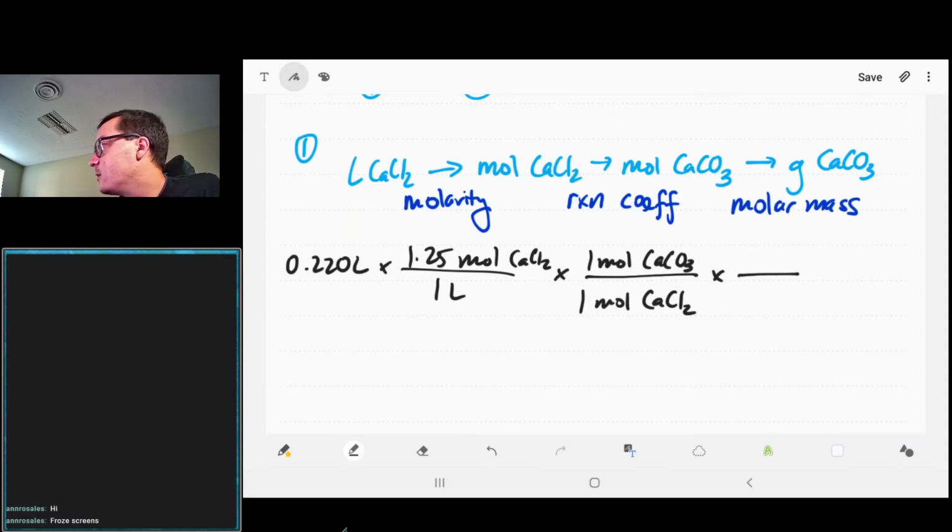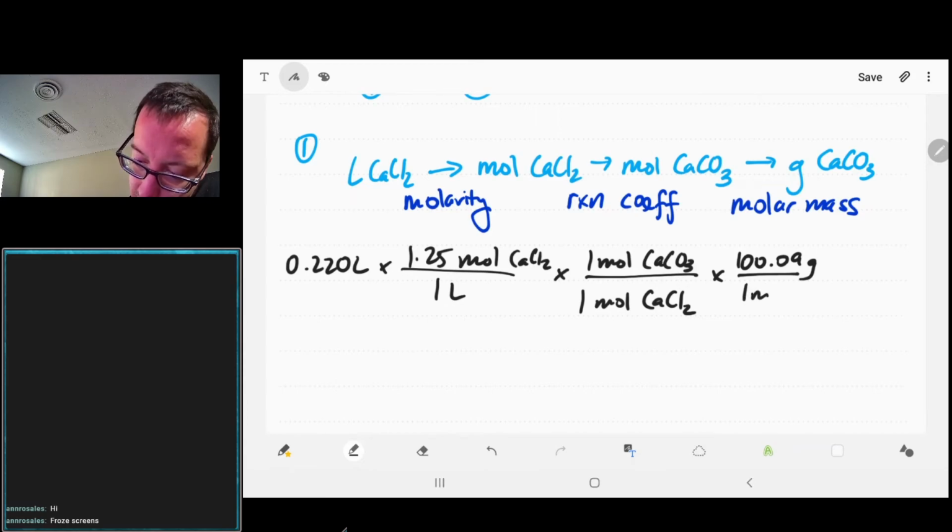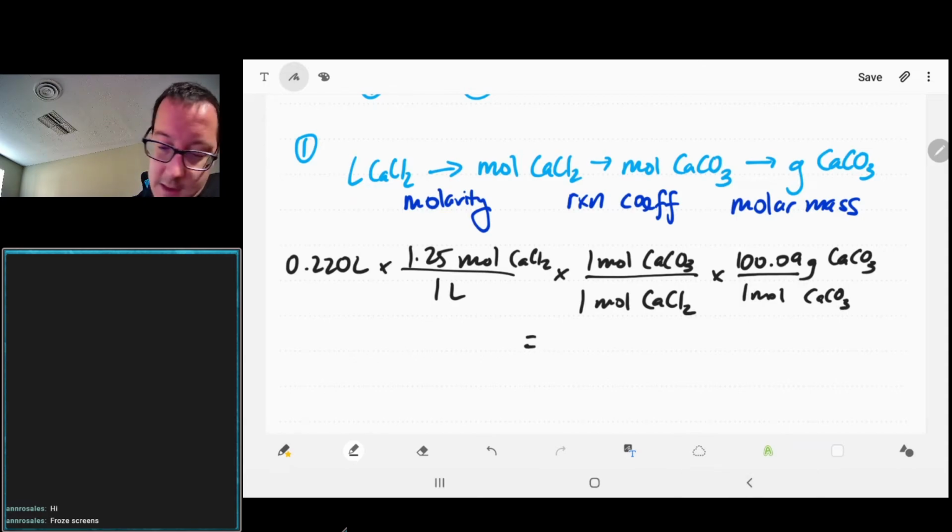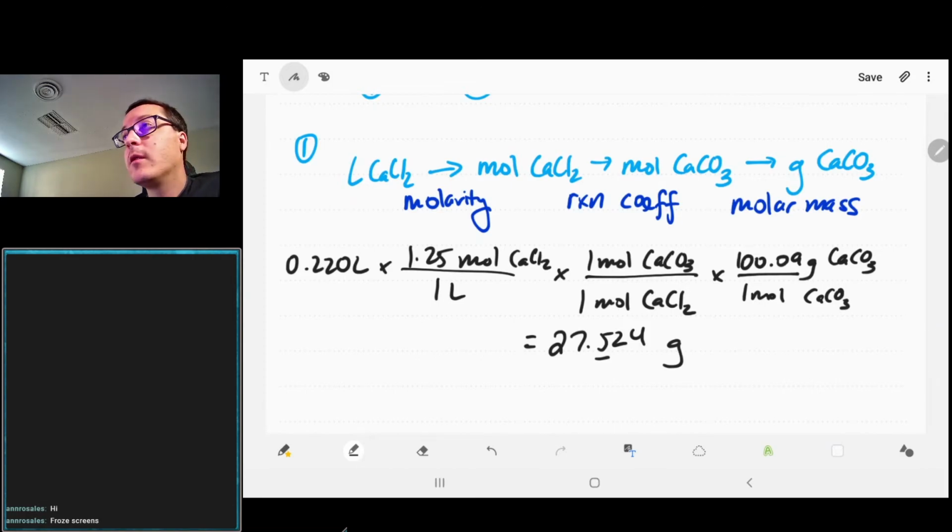Molar mass of this is, wow, it's almost exactly 100. Okay, so 100.09, we'll say. Doing the math, we get 0.22 times 1.25 times 100.09. We end up with 27.52 grams here.